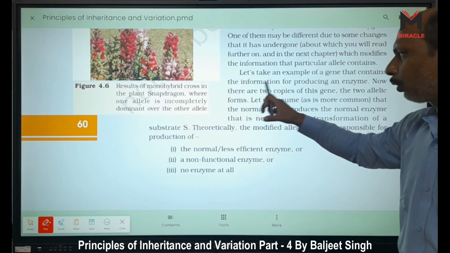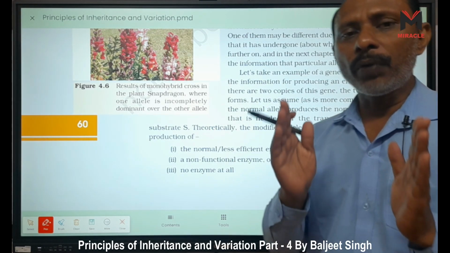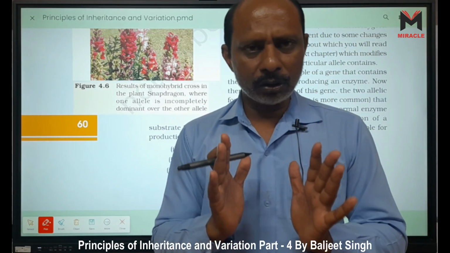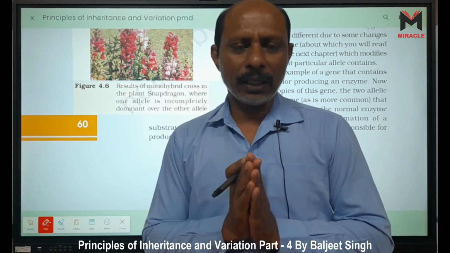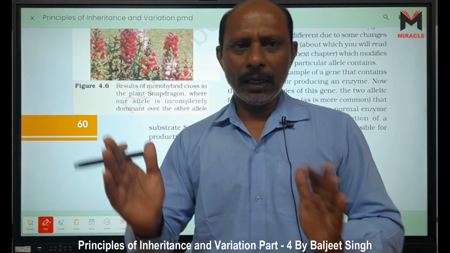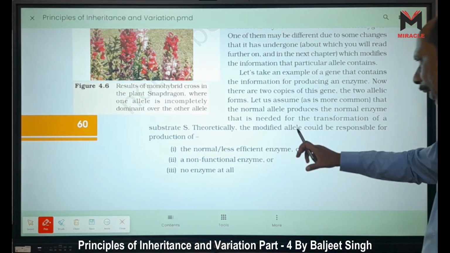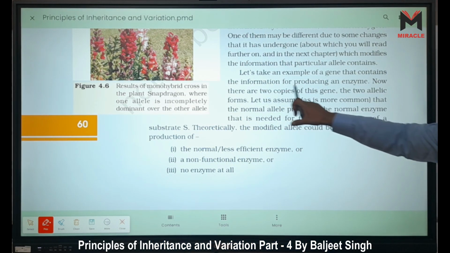Now there are two copies of this gene. Why two copies? Because homologous chromosomes are there. One gene is present in one chromosome of the pair and another gene is present in the other chromosome. So there are two copies of this gene.